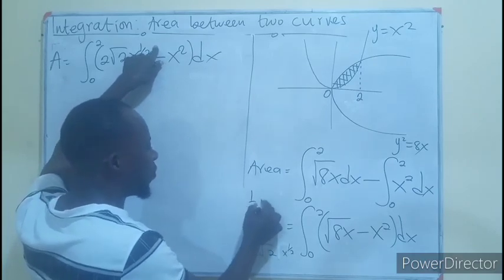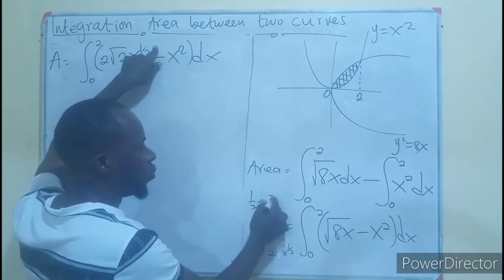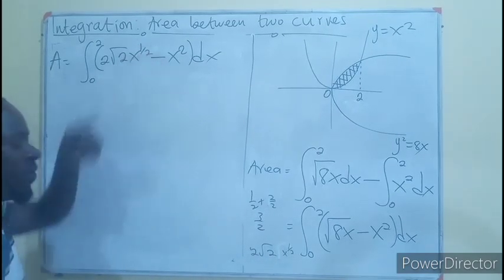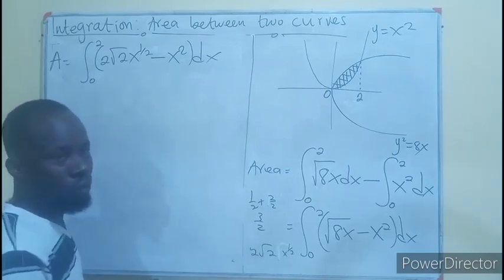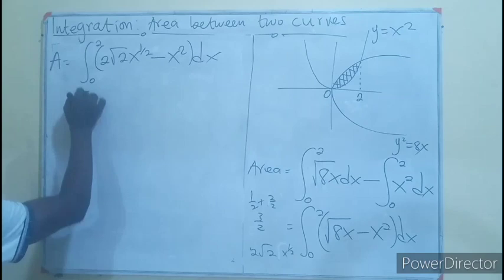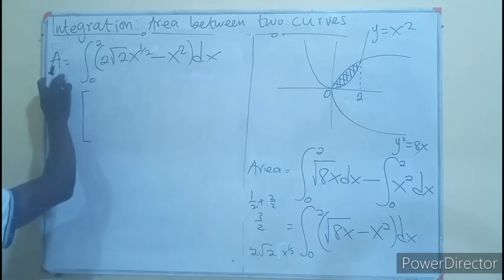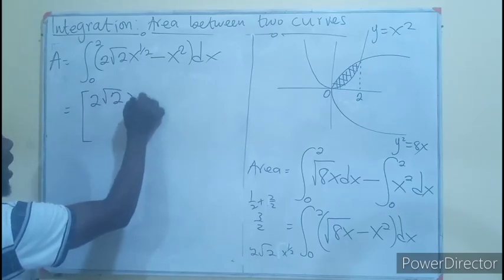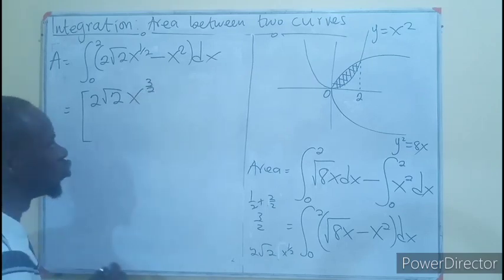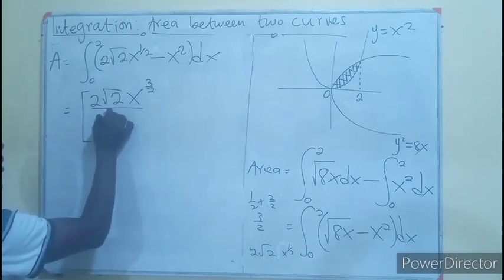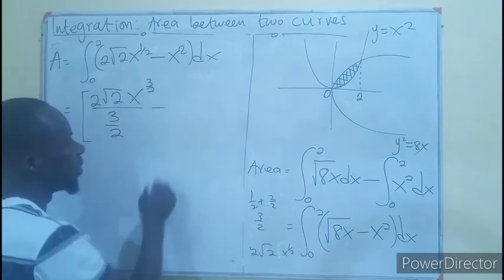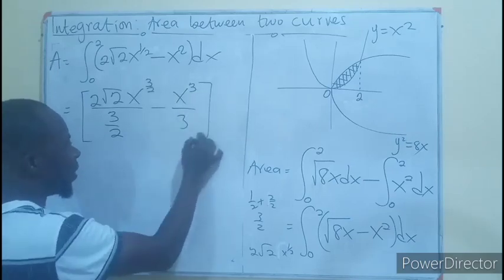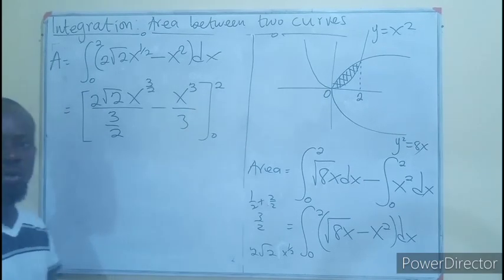So half plus 1 will give us 2 over 2, which is the same as 1, so we add the top, 3 over 2. Then we divide by the same 3 over 2. This is a constant which can be shifted forward. So the same will remain: 2 root 2 x exponent 3 over 2 divided by 3 over 2, minus, increasing this by 1, x exponent 3 over 3, limit of integration from 0 to 2.